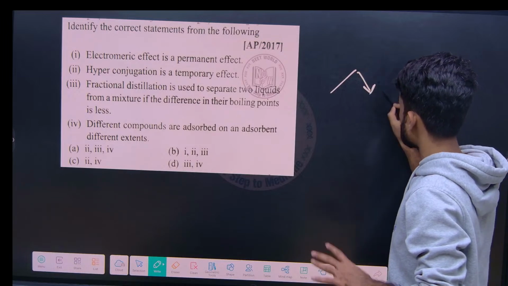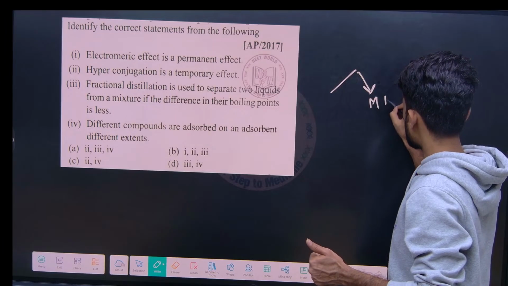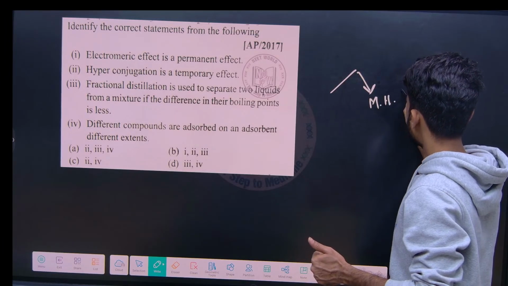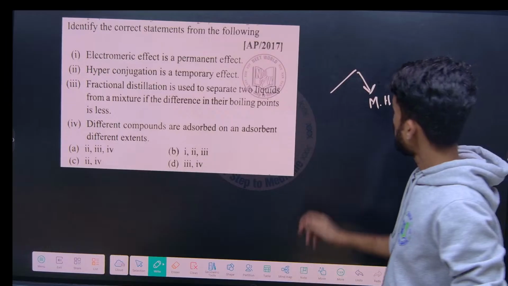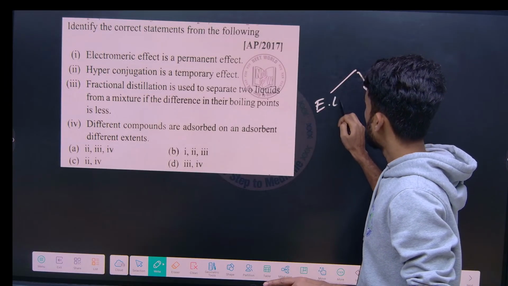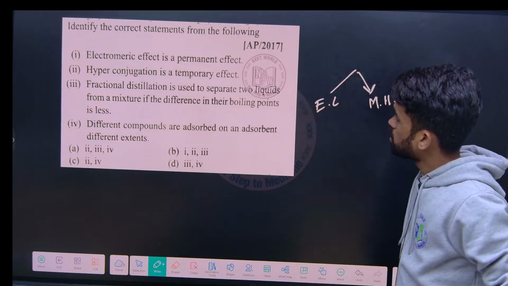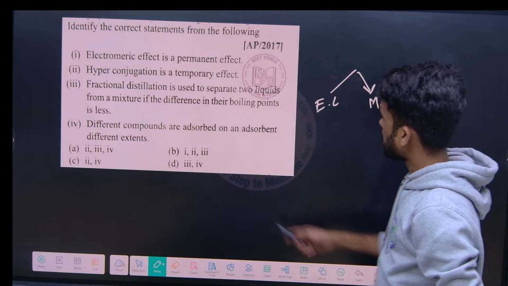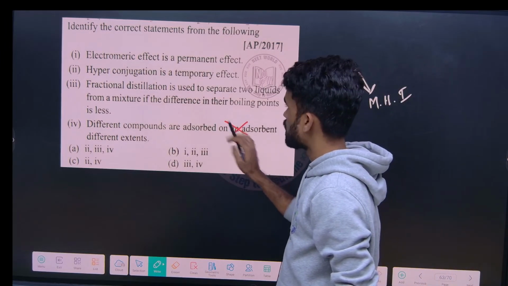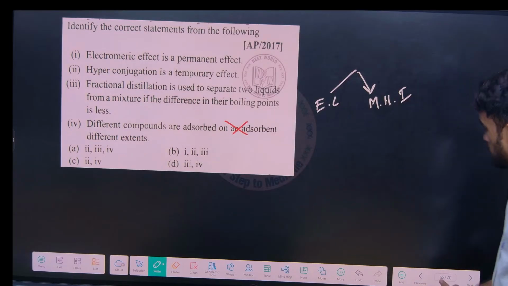Permanent effect comes from the mesomeric effect, hyperconjugation, as well as inductive effect. And one more, the electromeric effect, is a temporary effect. Now read these statements. Again there is some involvement of another topic, just keep it aside. You might get confused with this 4th option and all.